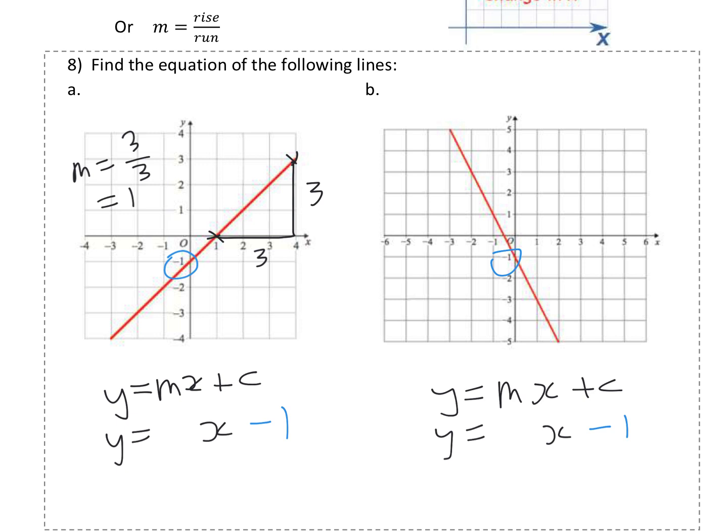The gradient, I'm going to pick 2 points. I'll pick this one here, and I'll pick this one here. And I'll draw a right angled triangle. The rise, the change in the y goes from 1 to 5, so that's a difference of 4. But it's going down. It's going down from 5 to 1, so that's actually a -4.